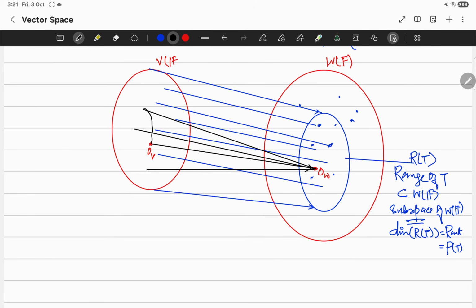So these elements you can check, these elements which map to 0 in W, and the 0 is called the kernel.